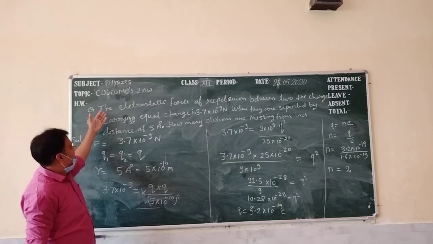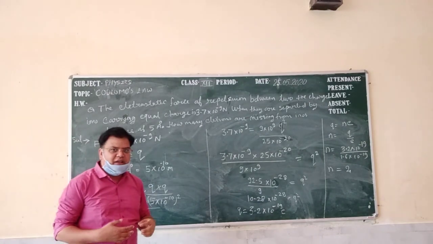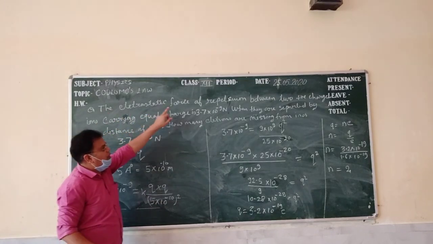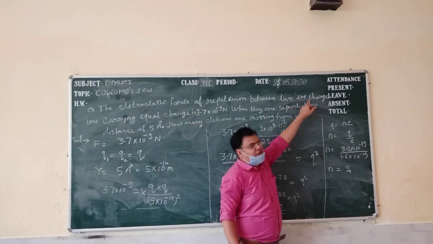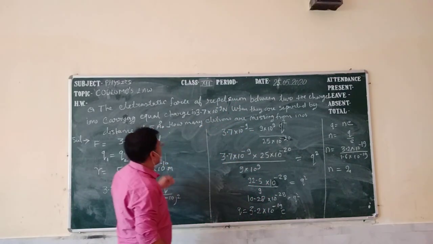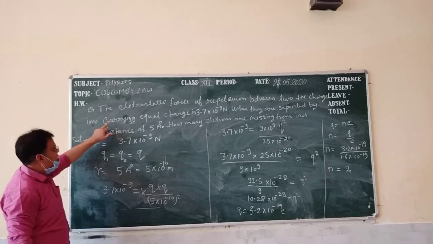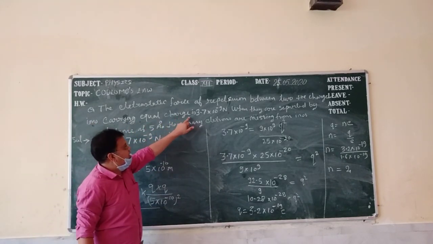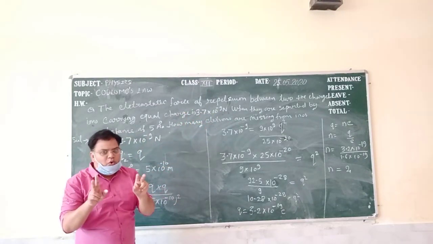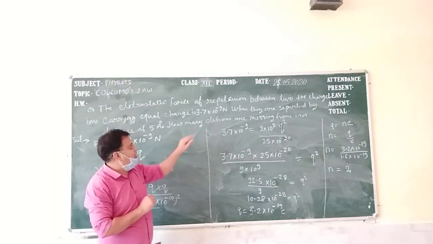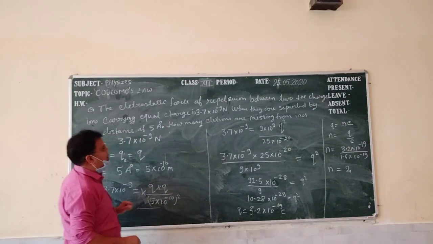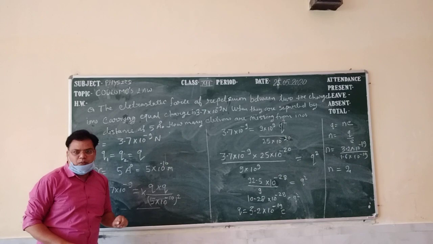Now we are taking a numerical on the electrostatic force of repulsion or attraction. The electrostatic force of repulsion between two positive charges. Here, students, two positive charges, that's why repulsion. The ions carry equal charge, and the force between the two equal positive charges is 3.7 into 10 to the power minus 9 Newton when they are separated by a distance of 5 angstrom.